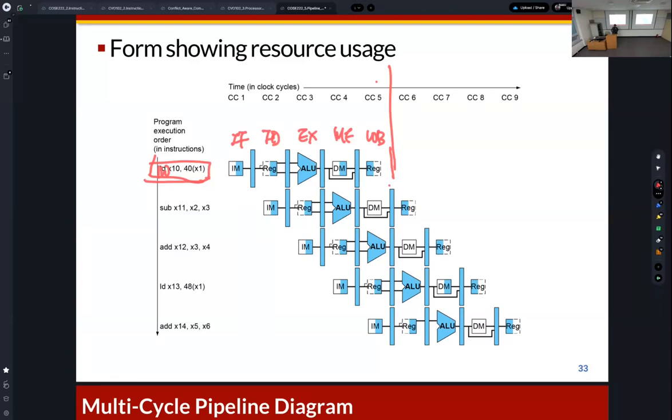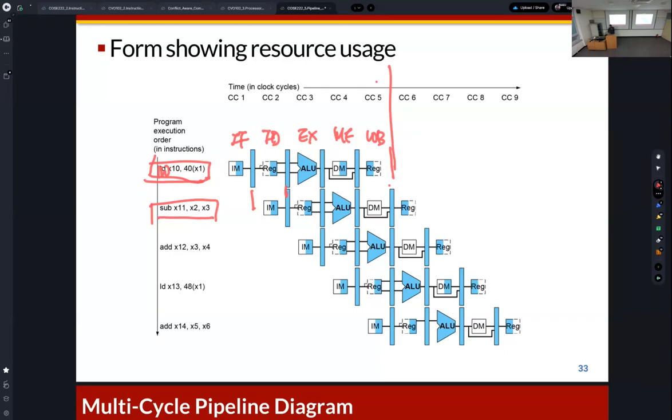But at the same time, another instruction is in a different stage. That's why some students are confused. It's a little bit tricky to understand the timing of instructions in the pipeline architecture.